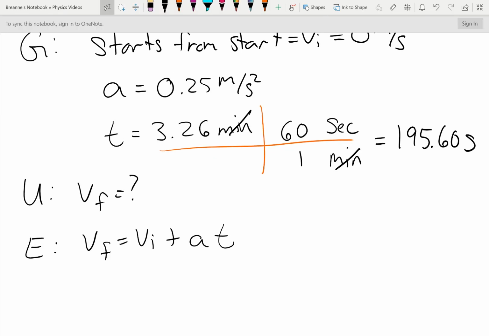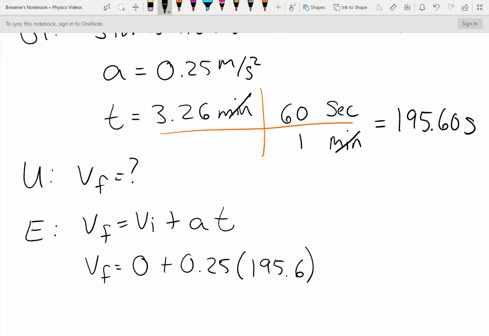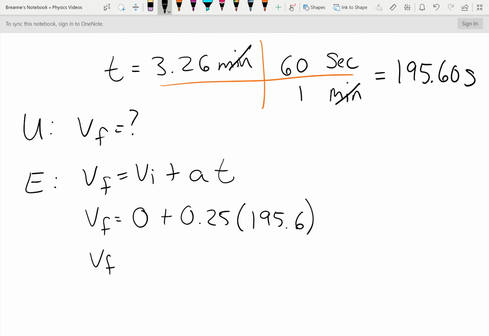We're looking for final velocity, so that just stays there. Initial velocity is 0. Acceleration is 0.25. And your time is 195.6. So now you just have to multiply. And you get the velocity is 48.9 meters per second.